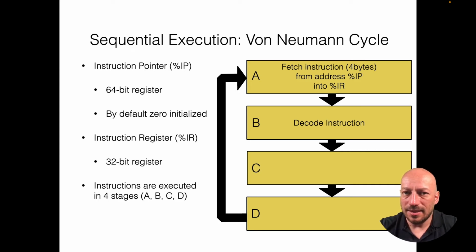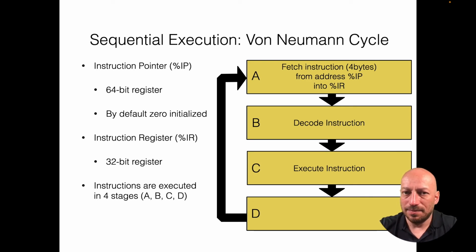And this actually happens in stage C. There, the microcode that you specified in your instruction set gets executed. After that, usually the instruction pointer gets incremented by the ULM architecture by 4. That means usually the next instruction that would be then in stage A, be executed, would come next in memory.